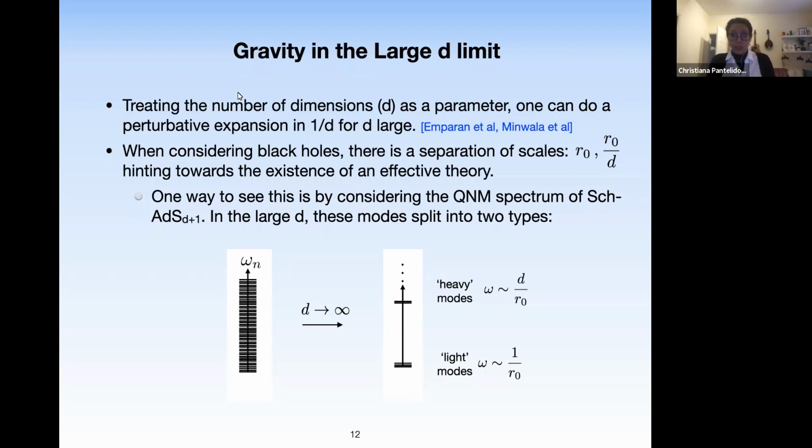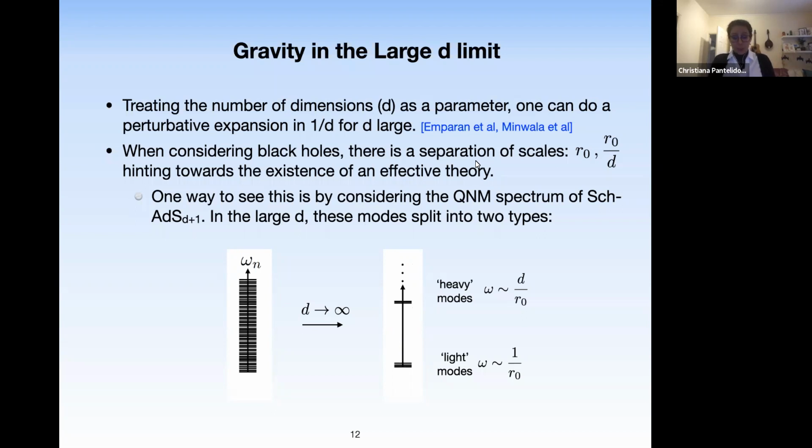Let me give you one argument where you see this separation of scales taking place explicitly. This has to do with considering fluctuations. The most natural fluctuations one can consider correspond to quasi-normal modes, and here I'll be focusing on quasi-normal modes of Schwarzschild AdS. How do you compute these modes?